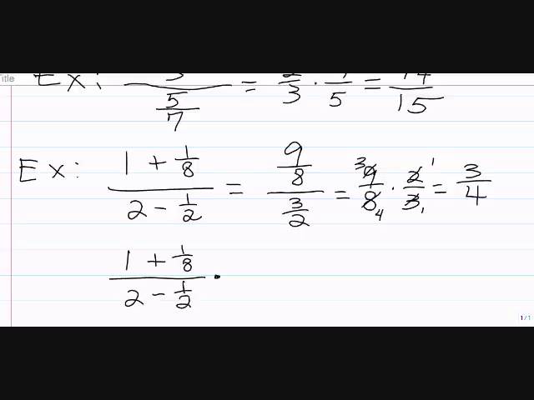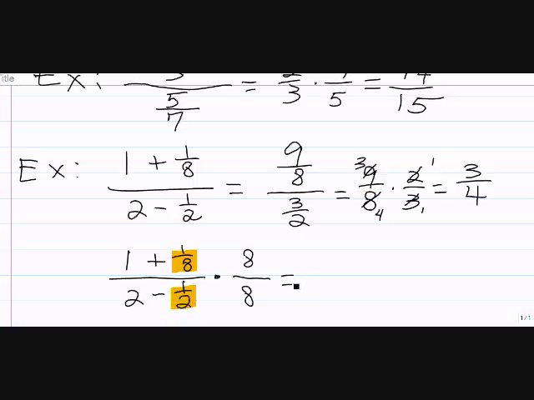I got two fractions, 1/8 and 1/2. The least common multiple for 8 and 2 would be 8. So I'm going to multiply both the numerator and the denominator by 8. I'm multiplying by the number 1, so I have not changed the value of this fraction. This is just a little trick I use to simplify.